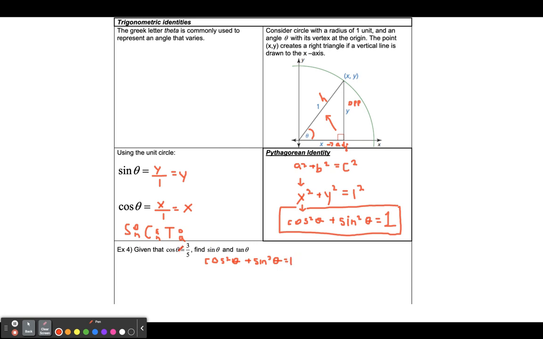And they gave us in the problem that cosine theta is 3/5. So that means every time I see a cosine, I'm going to replace it with 3/5. Now notice that this is cosine squared theta. So this is going to become 3/5 squared plus sine squared theta is equal to 1.